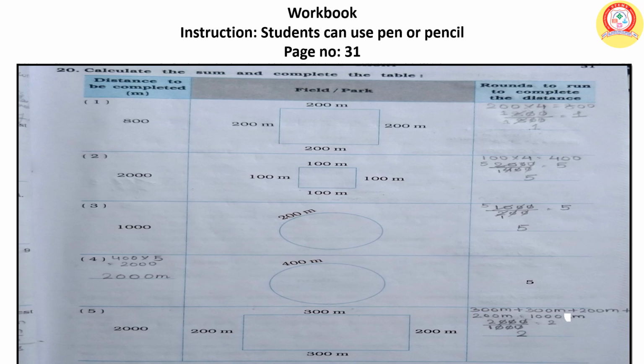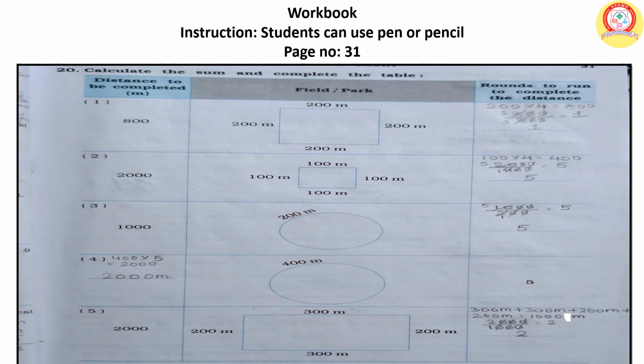Okay children, now let's move to the fifth question. In the fifth question, the distance to be covered is 2000 meter. The distance of the field is 1000 meter, as 300 meter plus 200 meter plus 300 meter plus 200 meter is equal to 1000 meter.